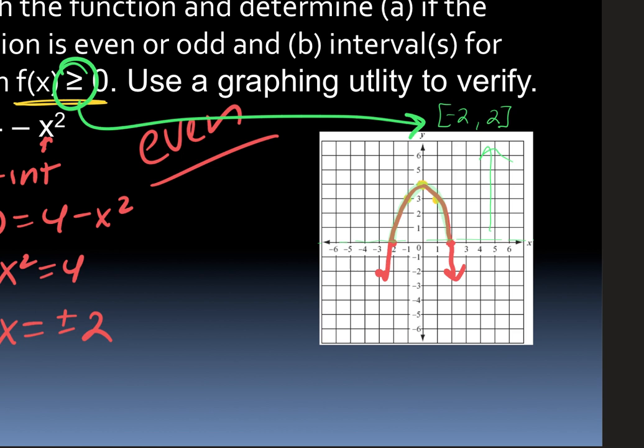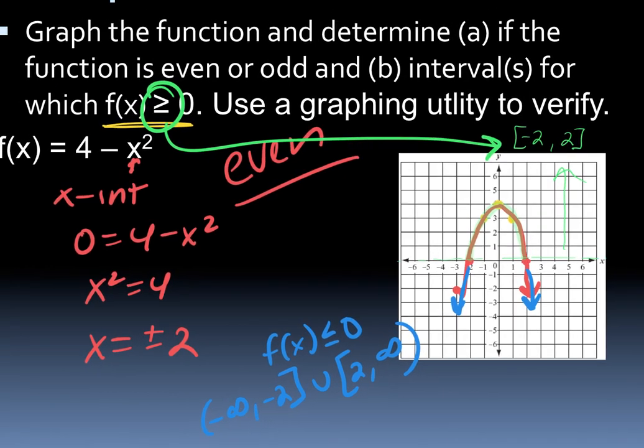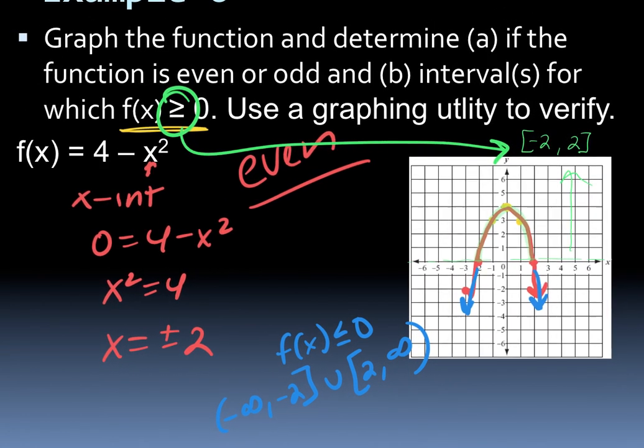And if it had said less than 0, it would have been these intervals down here. So if it had said f of x is less than or equal to 0, I'd be going from negative infinity to negative 2, bracket, and then 2 to positive infinity. Questions?